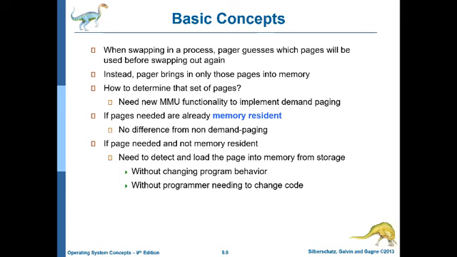And to determine those pages which you will need again, you will have some functionality in the memory management unit, and demand paging can be achieved only if you have some additional information about each page. If the pages needed are already in memory, then there is no need for demand paging, because it's the same thing. You just access the page and load its instruction into the CPU.